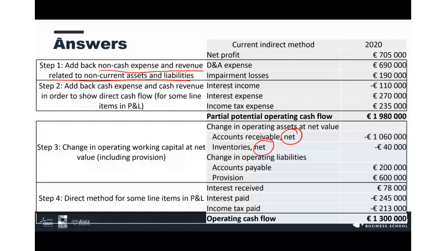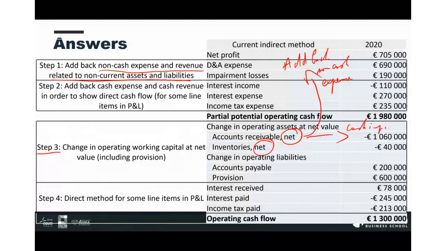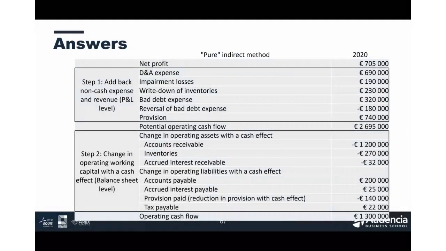With the net value, you do two things. You eliminate, you add back some non-cash expense included in this one. And you have also the cash impact. So the cash impact of the accounts receivable is minus 1.2 million.